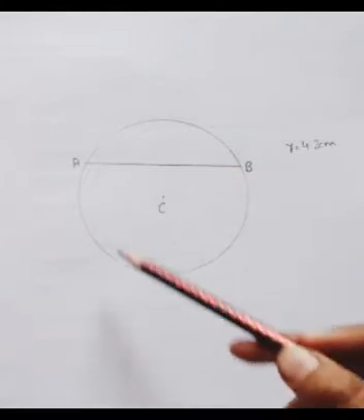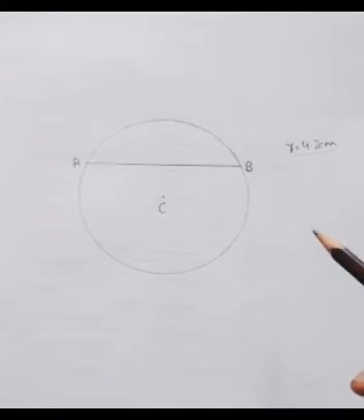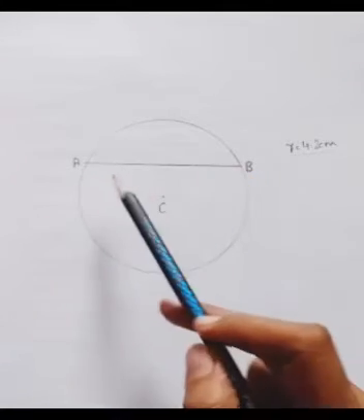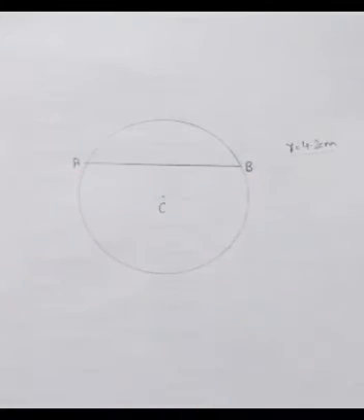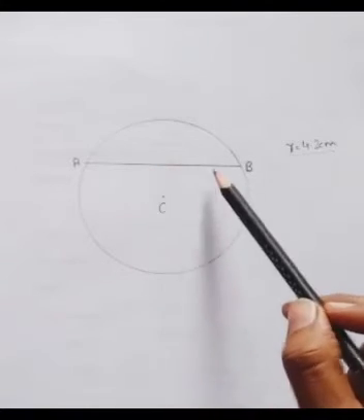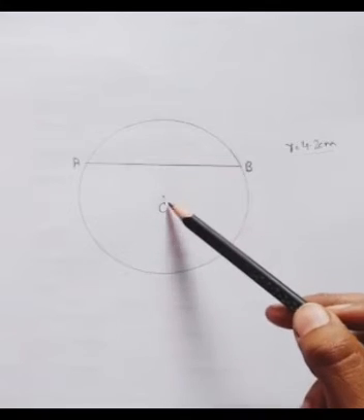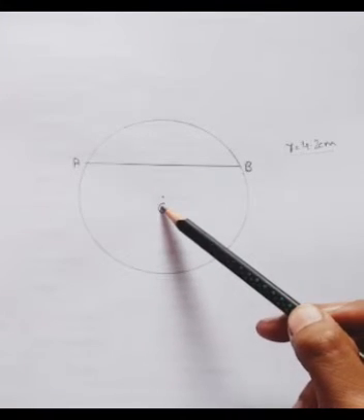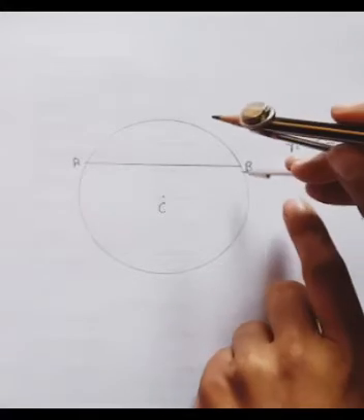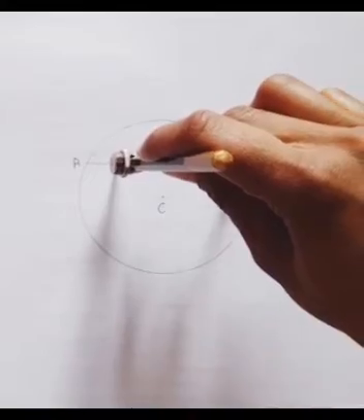So students, I have drawn a circle with radius 4.2 centimeter and center C. Then I have drawn a chord and named it AB. Now in the question they have told you to draw the perpendicular bisector of this chord and find out whether it passes through C or not. For making its perpendicular bisector, as I told you, open your compass more than half of the length of this chord.